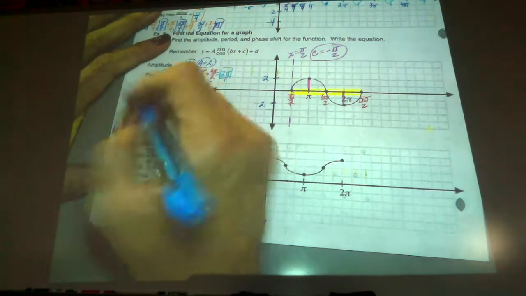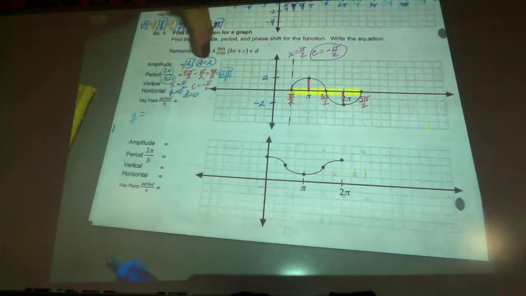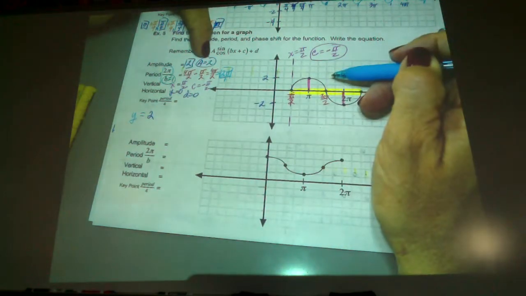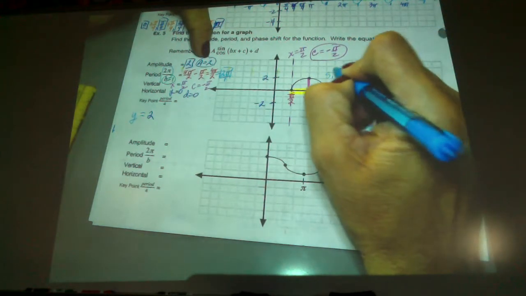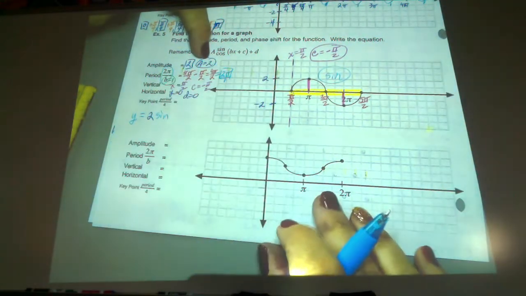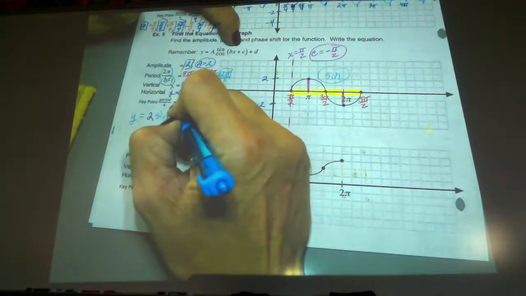So my equation is y equals, it's an equation, so it has to have an equal sign. My altitude is 2, so A is 2. What did we say this was, sine or cosine? Sine. We want to recognize what kind of curve that is, so that's why it's sine. And then I do have a right-left movement, so I need parentheses.